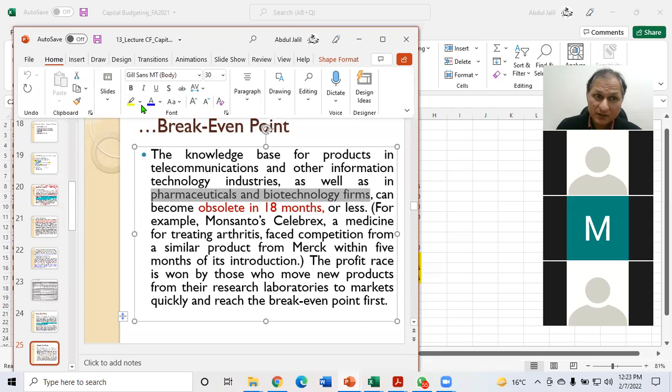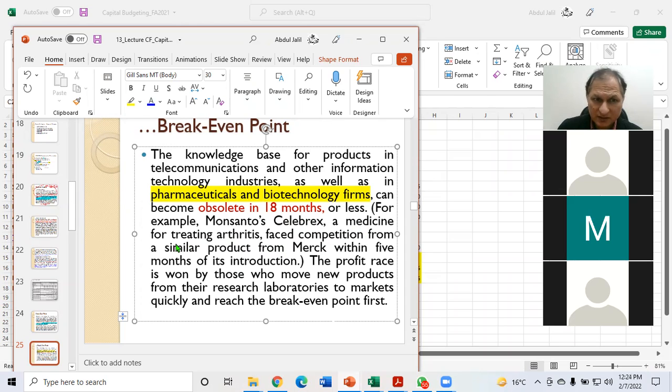Because new and better medicines are coming, new and better testing facilities are there, different kinds of techniques related to biotechnology are there. This is the 18-month time period they have mentioned. After 18 months, a new technology, new technique, or product arrives in the market.